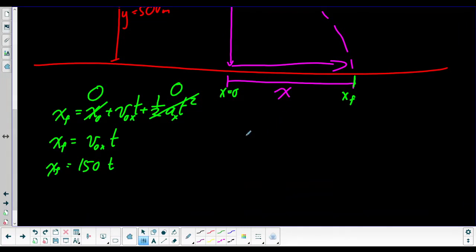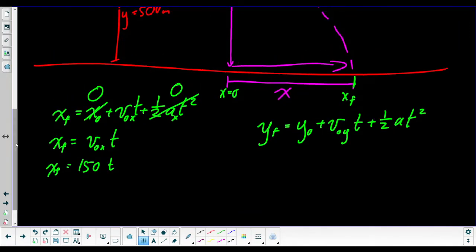So when I'm talking about the y direction, instead of using x final, x initial, I like to do y's. So y final equals y initial plus velocity initial in the y direction times time plus 1/2 acceleration times time squared.